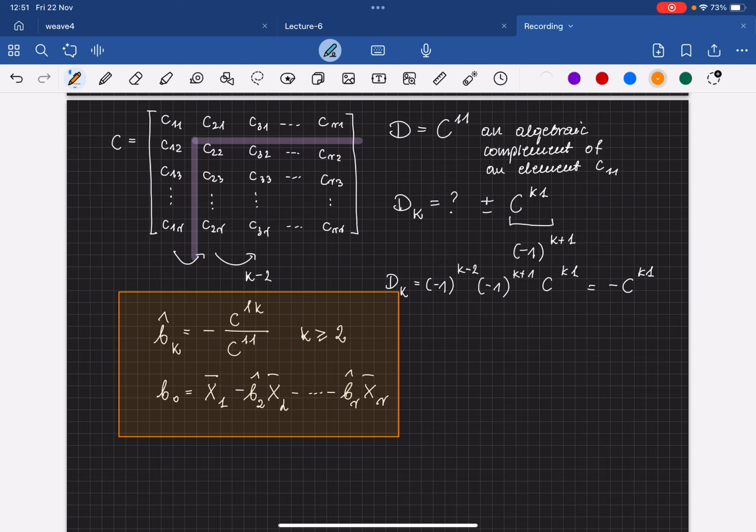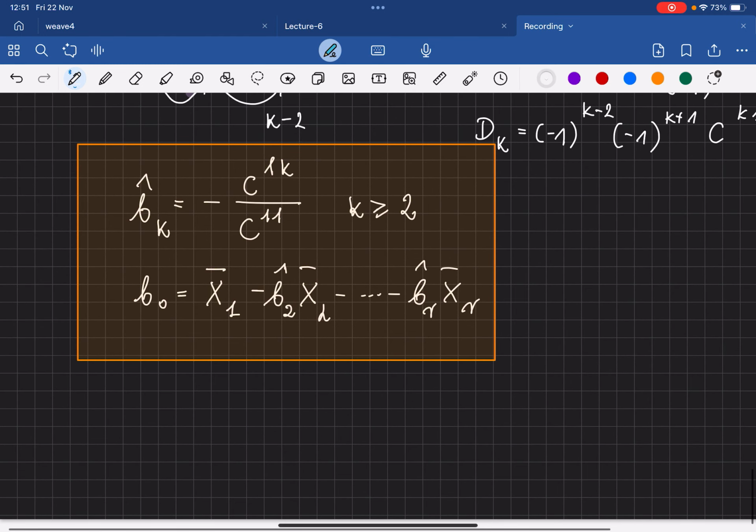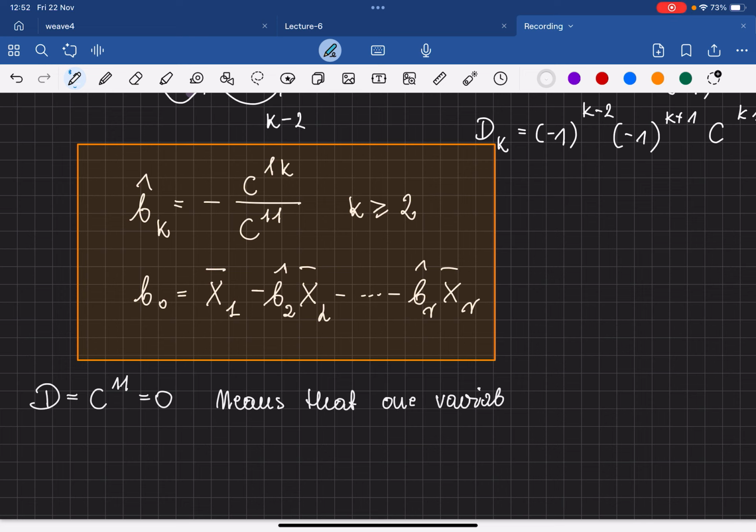So let us write this down because this is an important information. D equals C11 equal 0 means that one of the variables, say Lth, is an affine function of other variables.